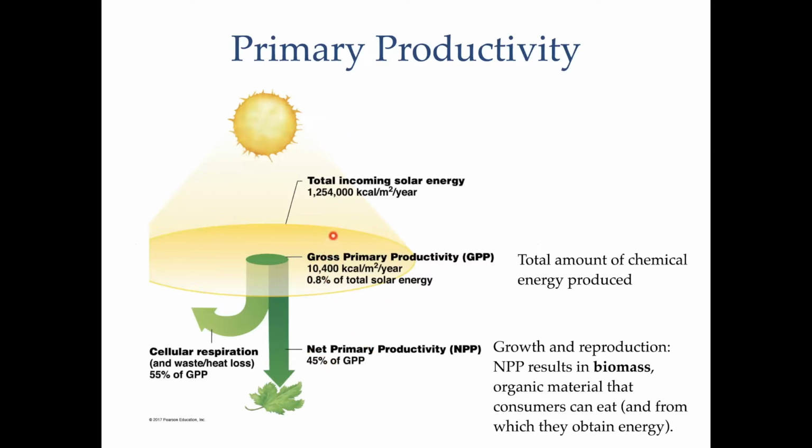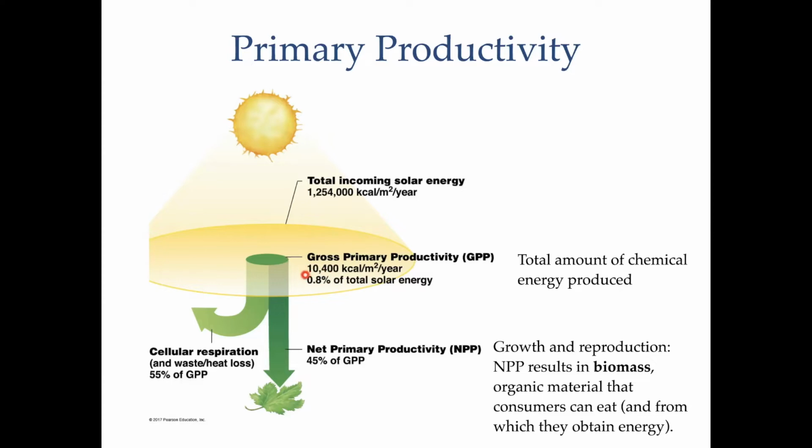And it is really interesting to see that from the whole amount of solar energy available, primary producers can only use 0.8% of that and transform it into gross primary productivity. So it's a very, very tiny amount of the available solar energy that is converted into gross primary productivity.